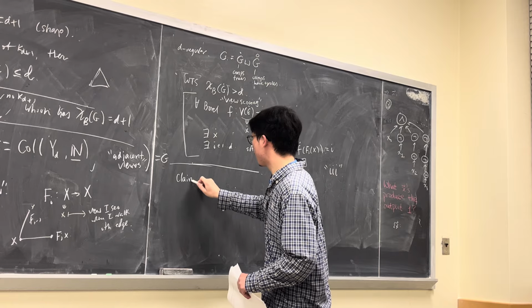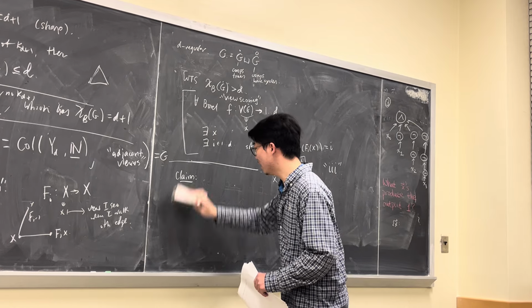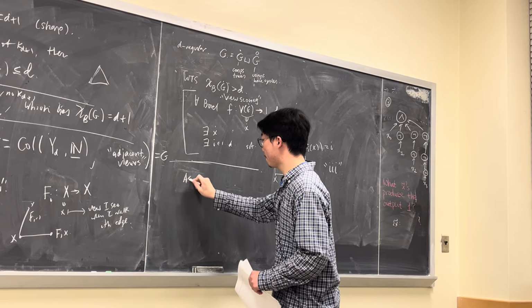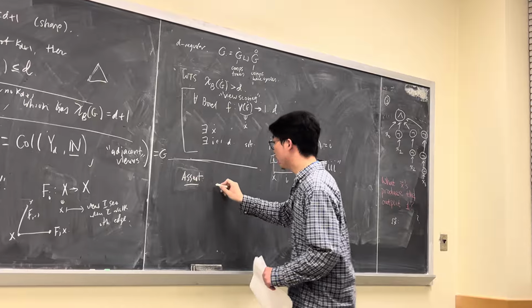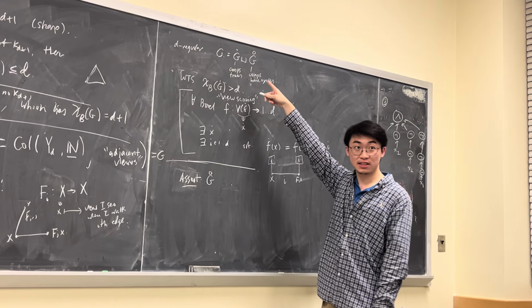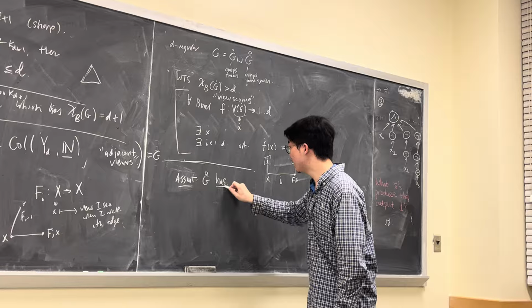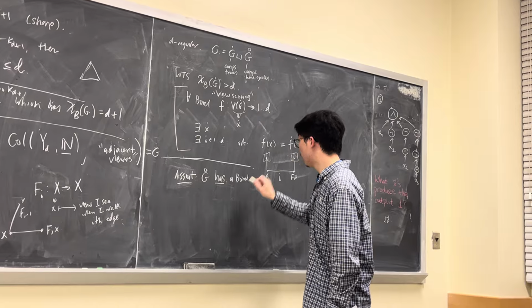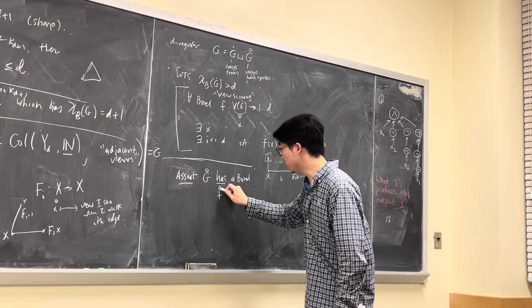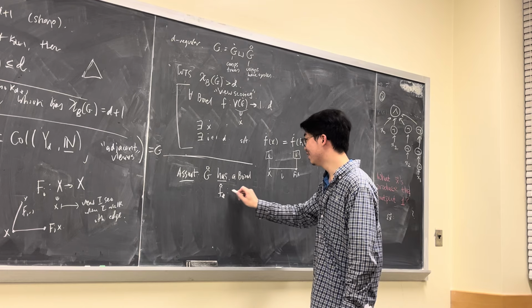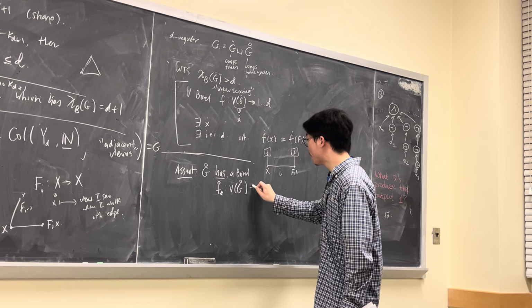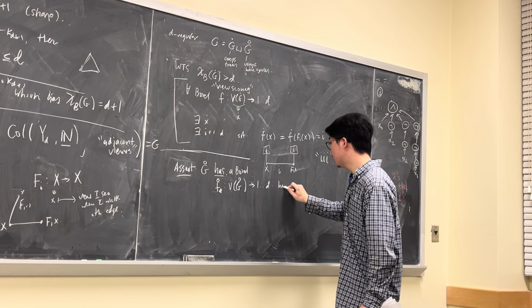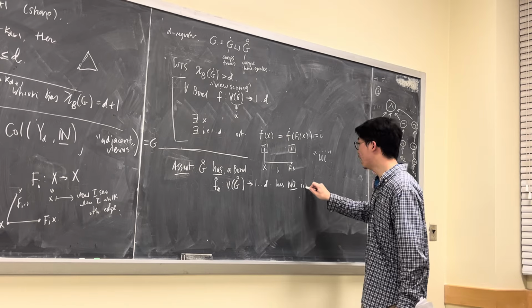Claim, or maybe I keep using my word assertion: G circle, which has the cycles, has a Borel f circle star from V to 1 to d that has no i.